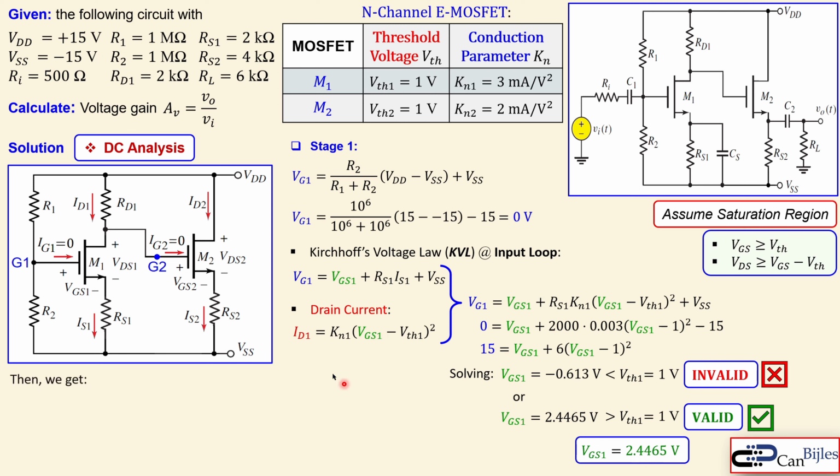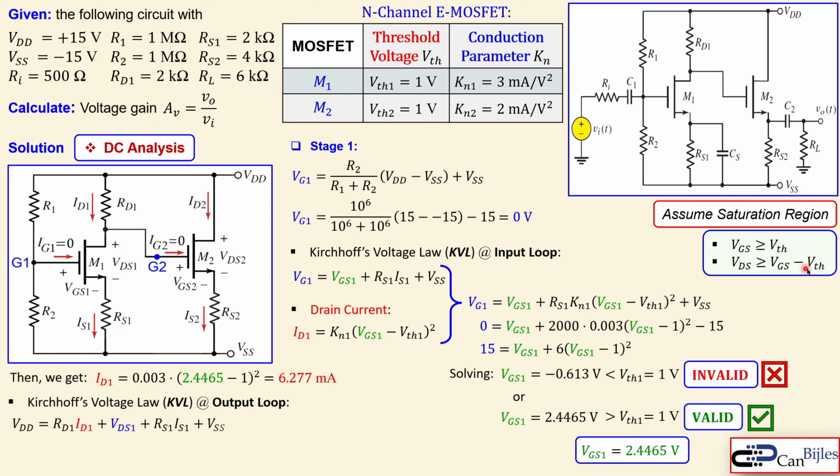That means now we can calculate the drain current: 0.003 for the Kn1 times the quantity VGS1 minus 1 for the threshold, squared, and you will get 6.277 milliamps. Now we apply Kirchhoff's voltage law at the output loop, from here all the way down, in order to check VDS1. That's the check for the second condition.